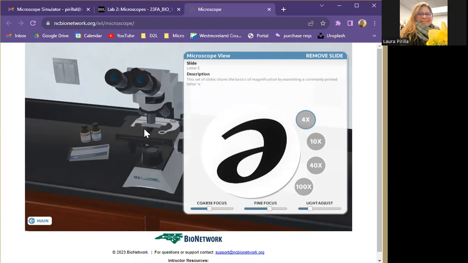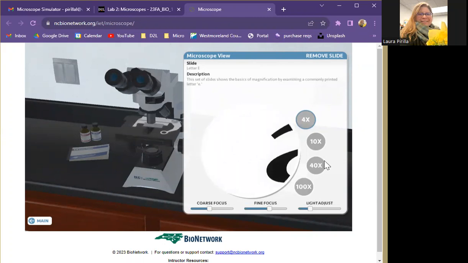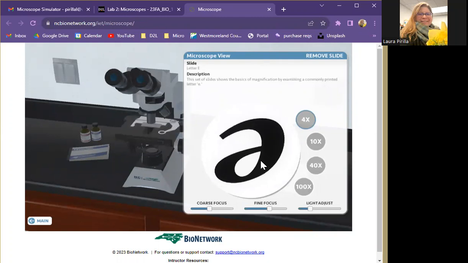Say you had something way over here on the edge of the slide, you could just move it. Now, those are usually handled on a microscope using these little knobs down here.